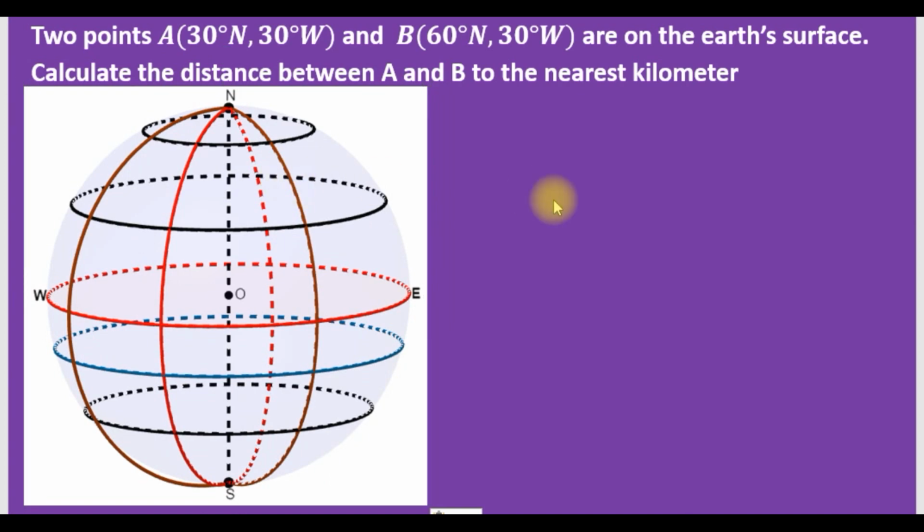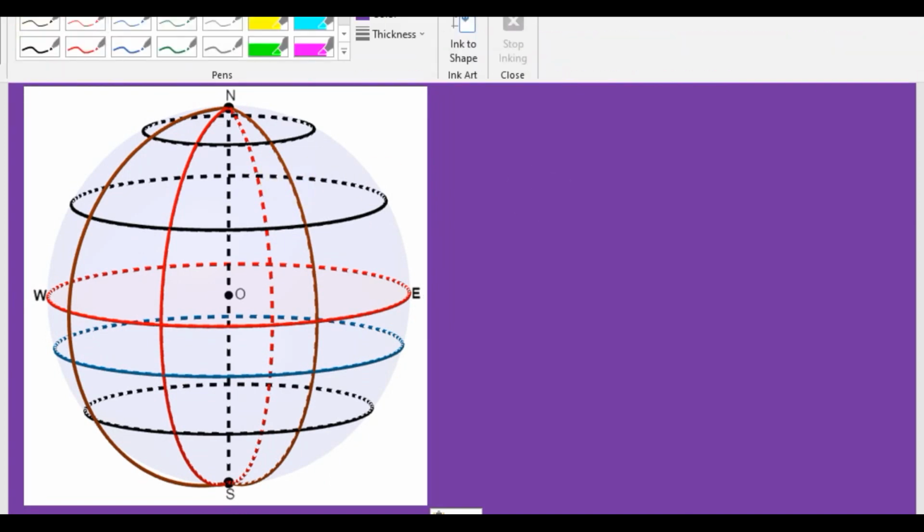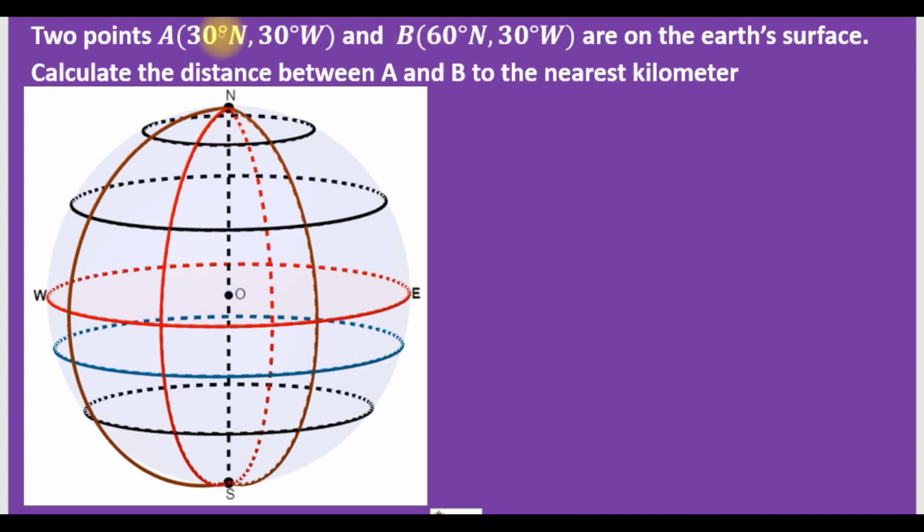So see my globe. Let's locate the point. They say 30 north and 30 west. So see the west. Let's take the red one to be 30 west. They said 30 north.